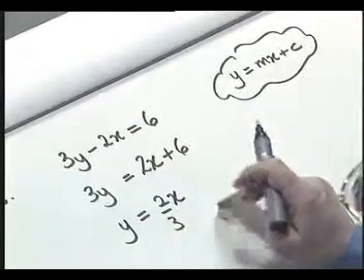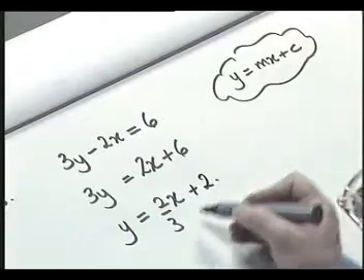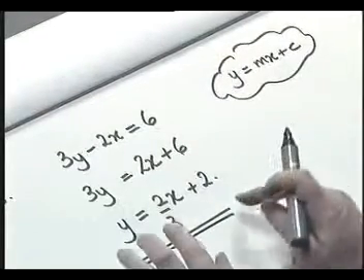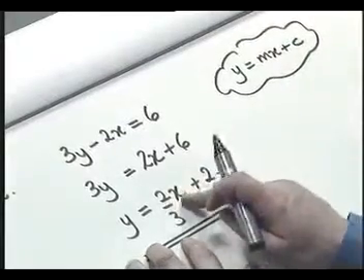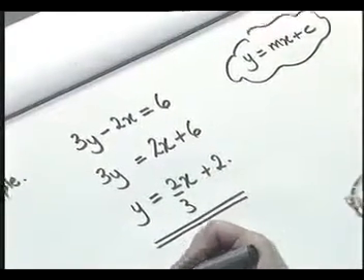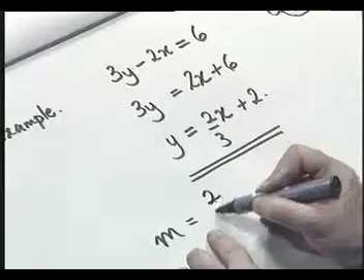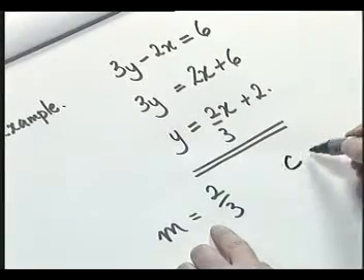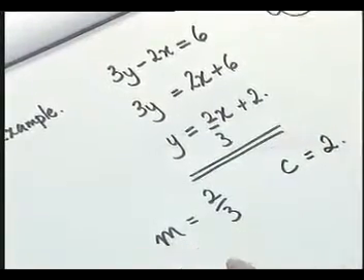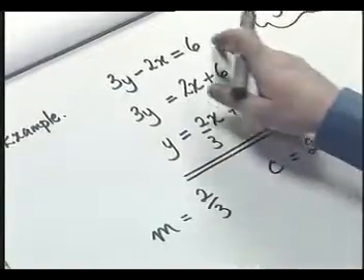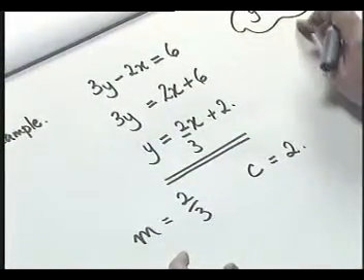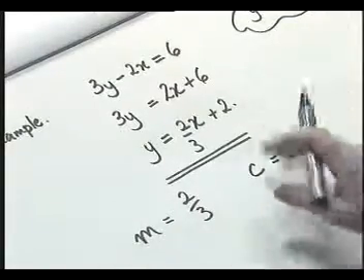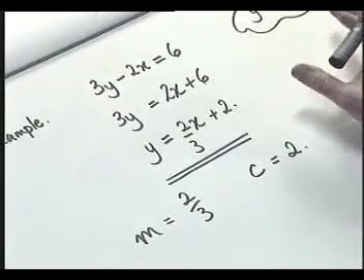And if I divide 6 by 3, I'll get 2. Now this is a much more familiar form. This is of the form y equals mx plus c, where we can read off that the gradient m is 2/3 and the vertical intercept c is 2. So be aware that sometimes an equation that you see might not at first sight look as though it's a straight line equation, but by doing some work on it, you can get it into a recognisable form.